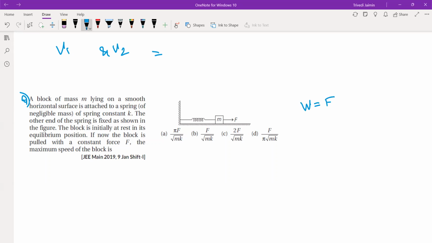W equals F dot x for the external force. Let's write EXT. So W for the spring, that we know, is the energy, half kx square.